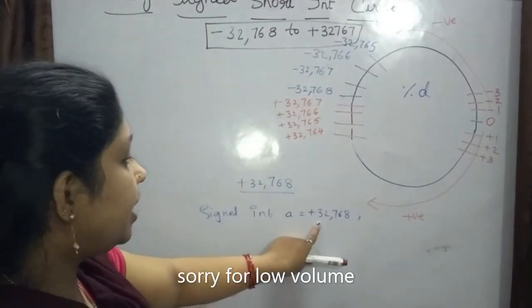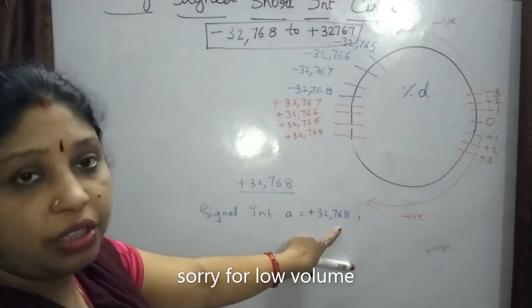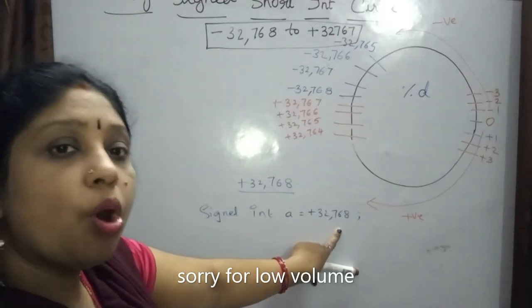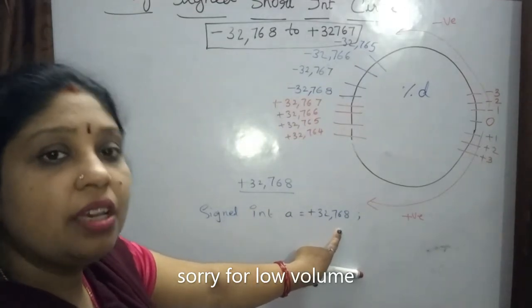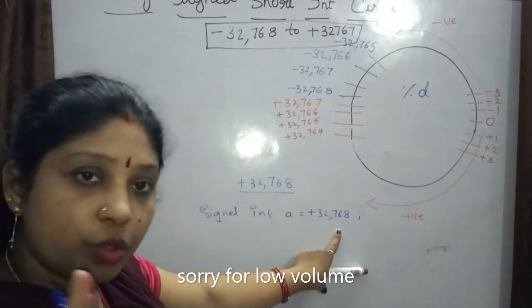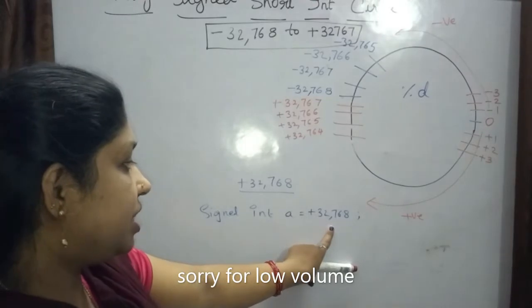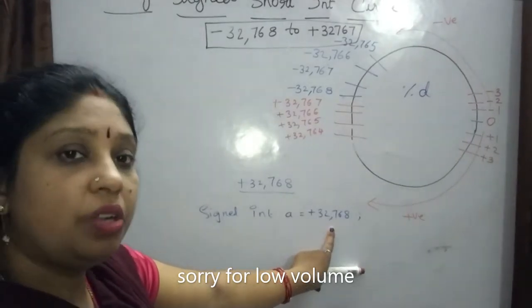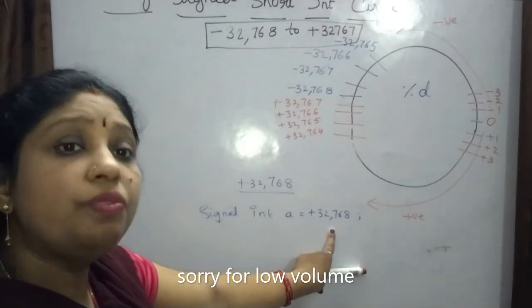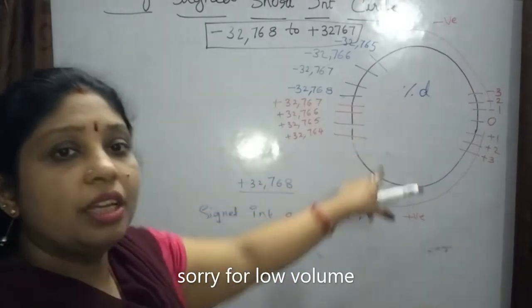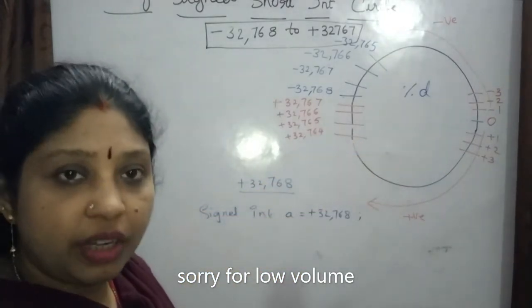So when you assign a number which is not there in this circle, what it is going to do, that thing I am going to explain with a small program. That means when you give this number, it's going to take a value which is not there in this. That means some garbage value it will take.